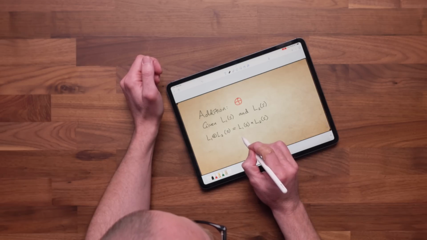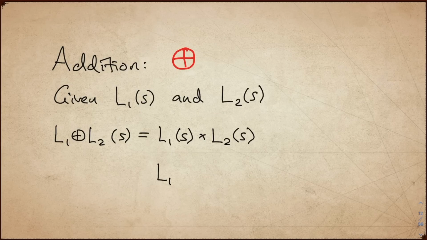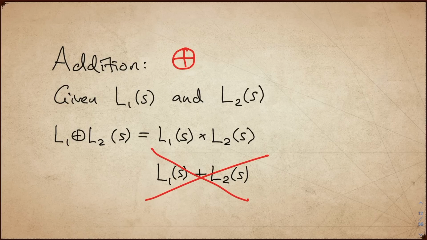We could not have used addition on the right-hand side, since if we just added the two Dirichlet series, the result would not be an L function. The main problem being that this Dirichlet series does not have an Euler product. So adding Dirichlet series is simply not a valid operation on L functions.